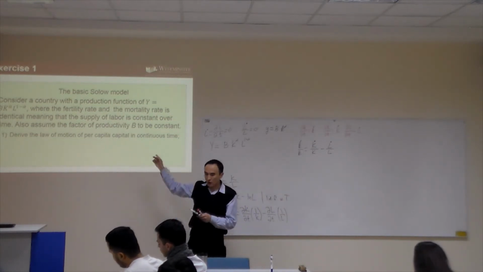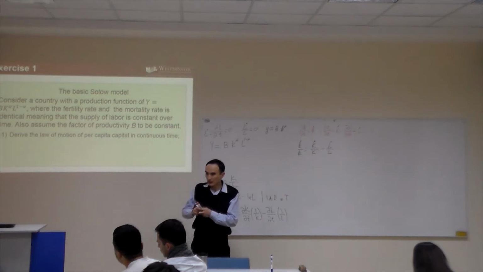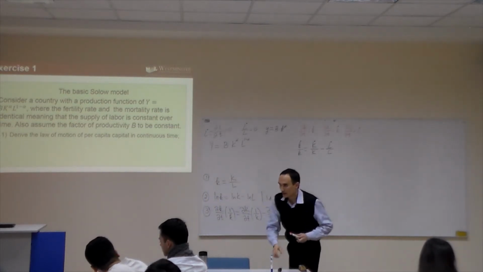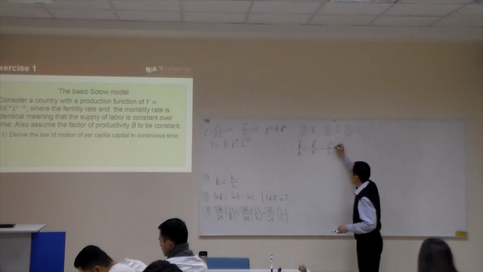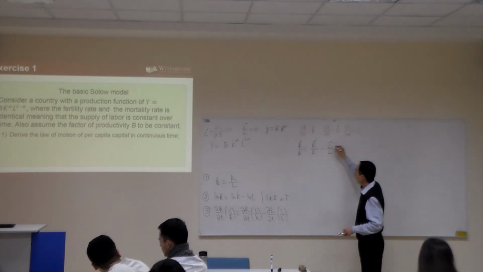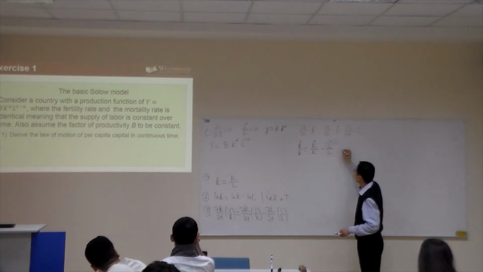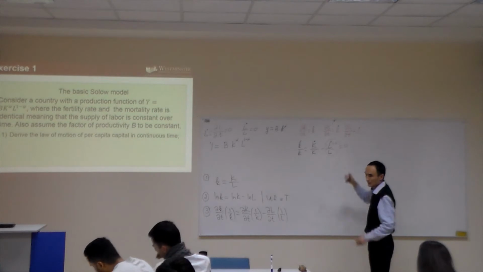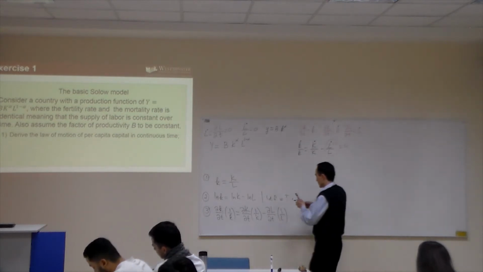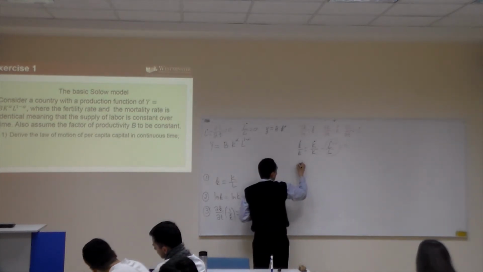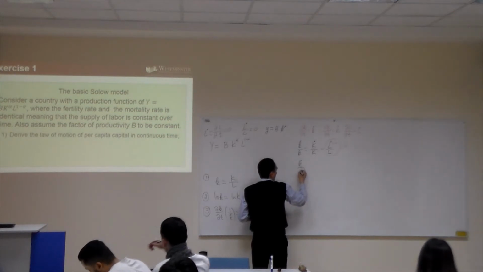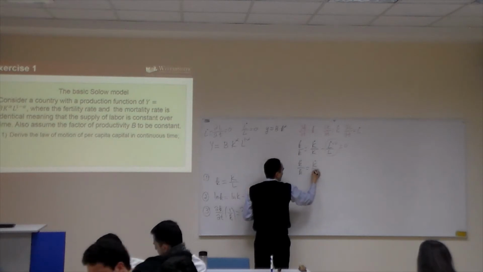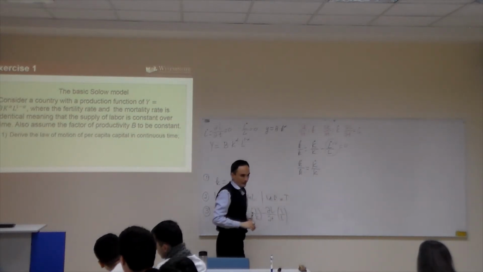So we made a strong assumption, right, that fertility rate and mortality rate are the same. If it's the same, change in labor is going to be 0, which means that this is equal to 0. So change in per capita capital over per capita capital is equal to change in capital stock over capital. Okay?